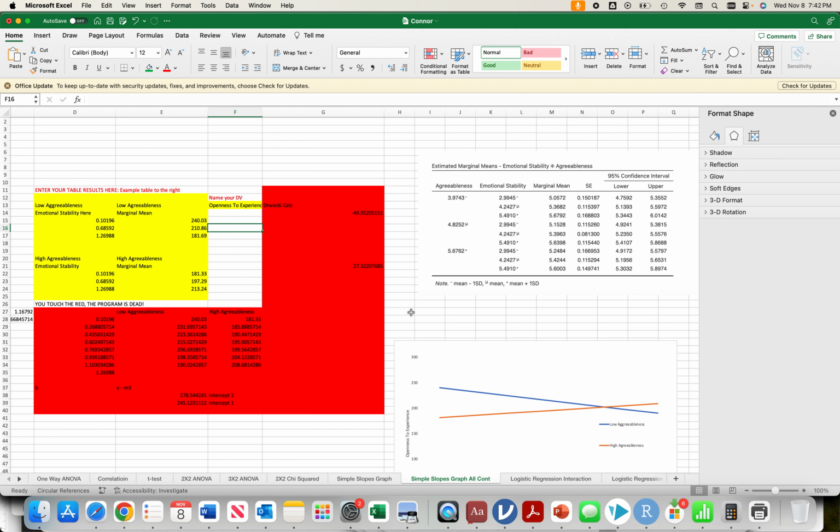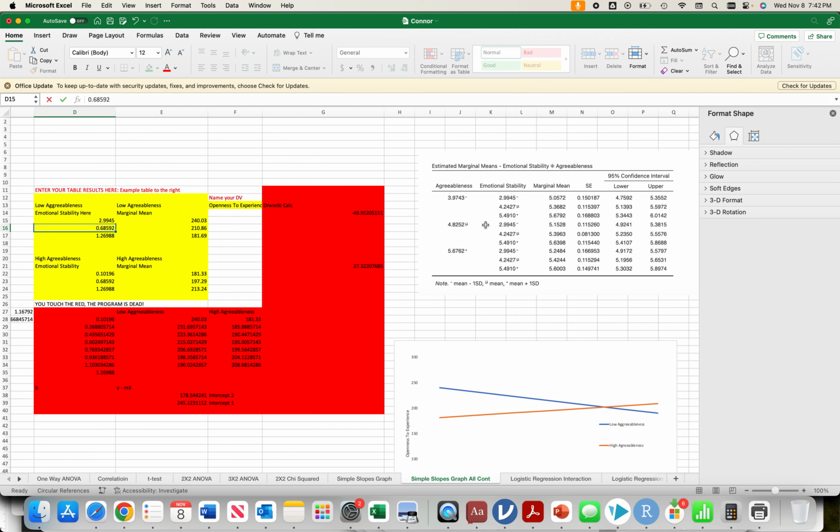So ultimately, now I have to put the values for emotional stability here. I'm looking here, it's 2.945. That's low emotional stability, but let's go 2.9945.